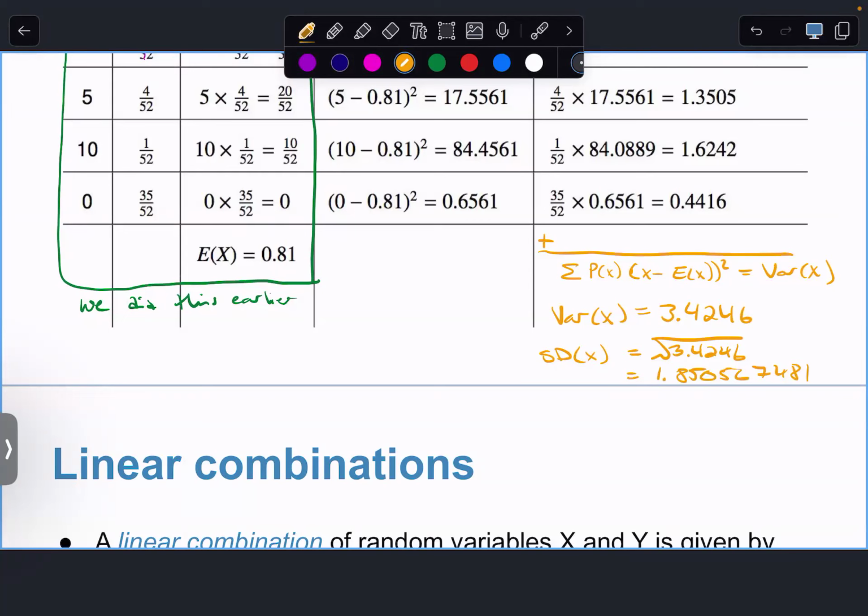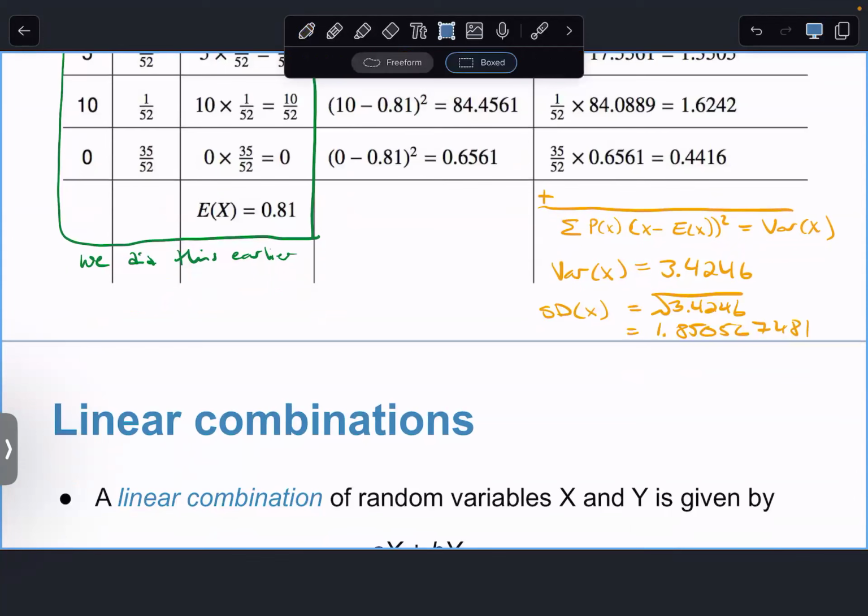So the spread is $1.85, because it's money. The variance is units squared, and so that's why I avoided dollars squared because it doesn't really make sense, and so that's why we usually go for the standard deviation instead.